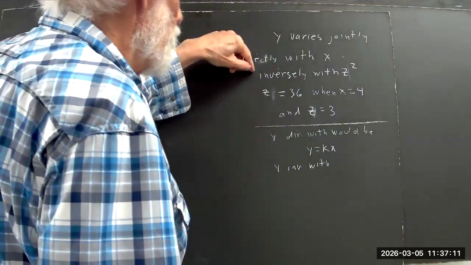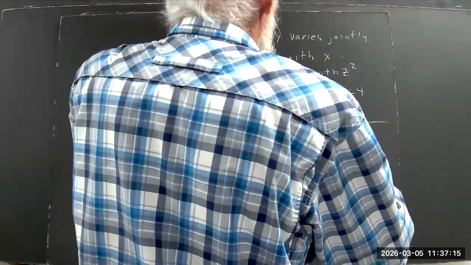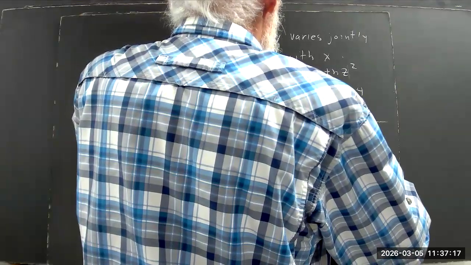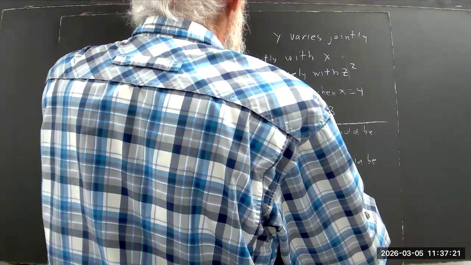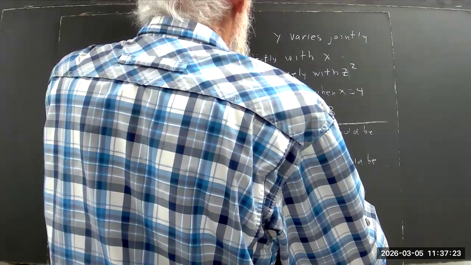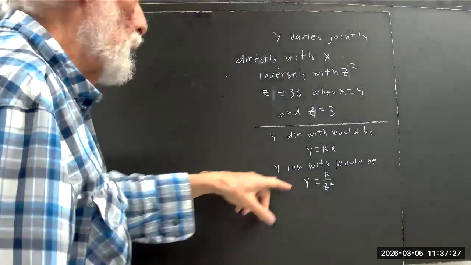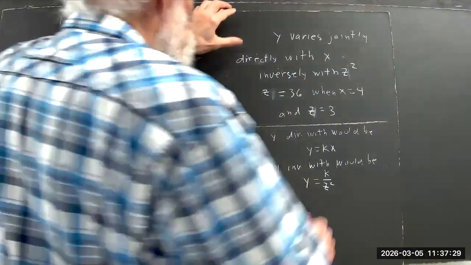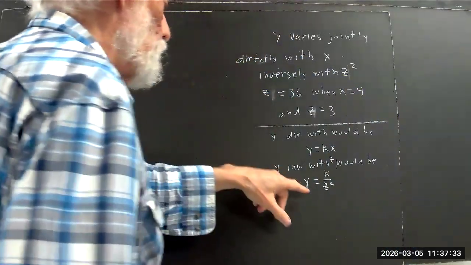Careless with my variables. Okay, y inversely with z squared. Y inversely with z squared would be y equals k over z squared.